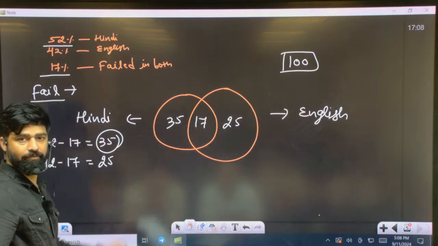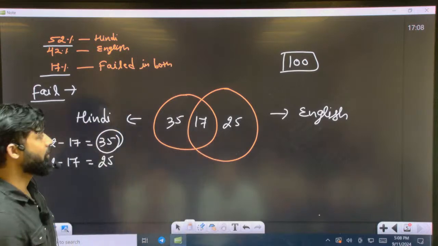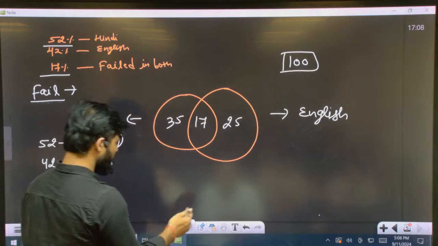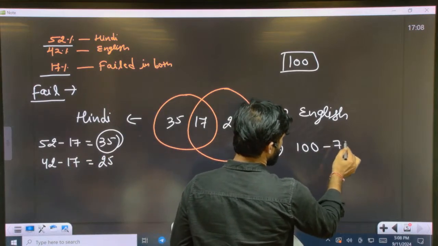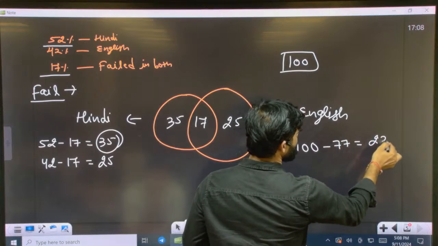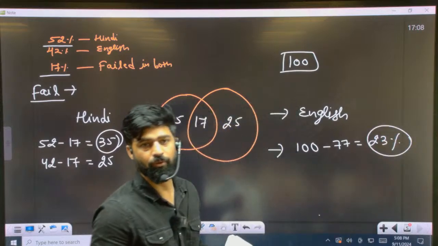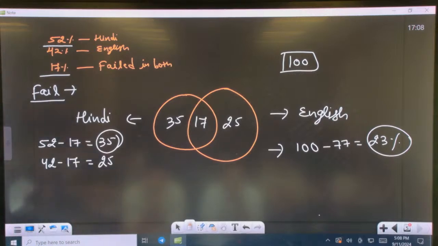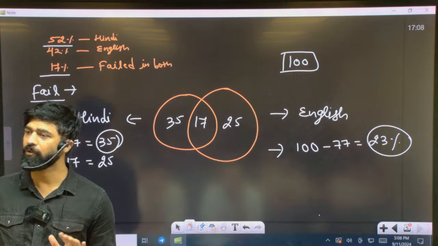So if we add these fail students, 35 plus 25 is 60 plus 17, that is 77. So I can say that out of 100, 77 are fail. So 23, or I can write it directly that 23% students are there who passed. Any problem in this? We have taken the data for fail only.